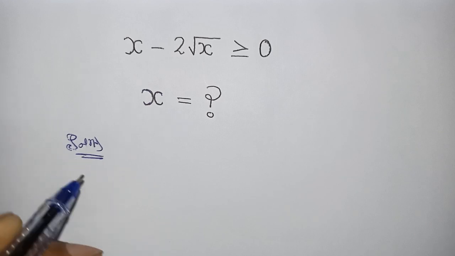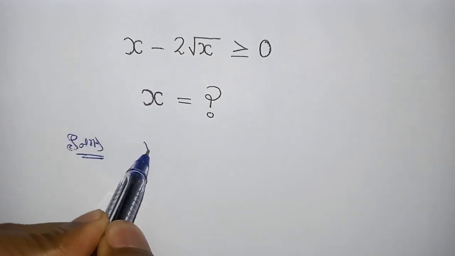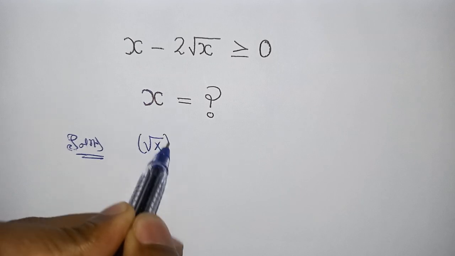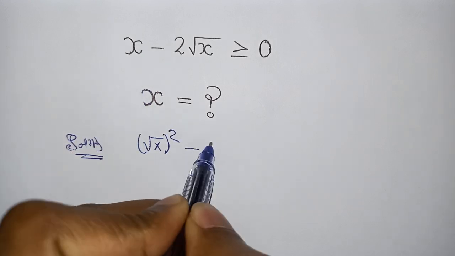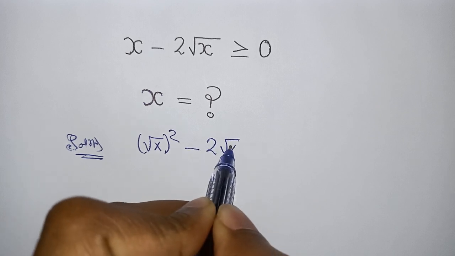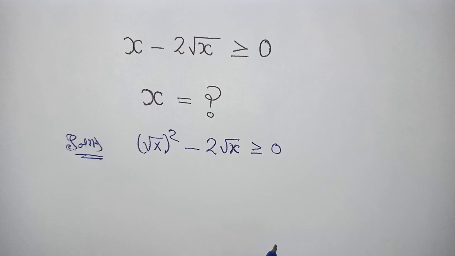Here the solution will be: we can write x as square root x whole squared, minus 2 times square root x, which is greater than or equal to 0.